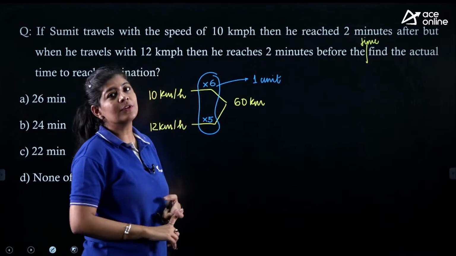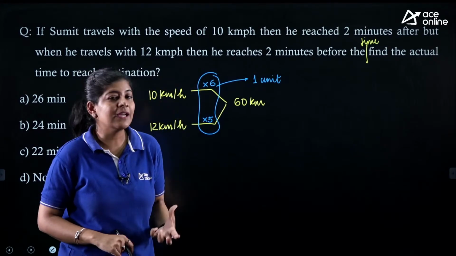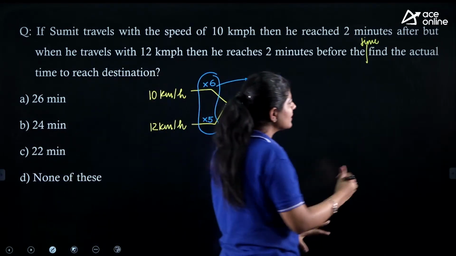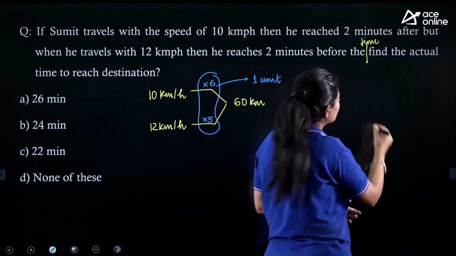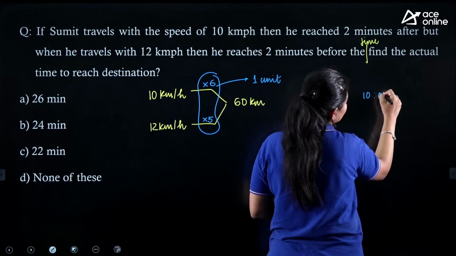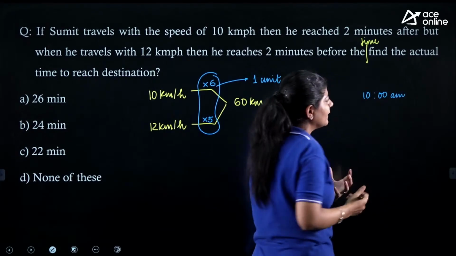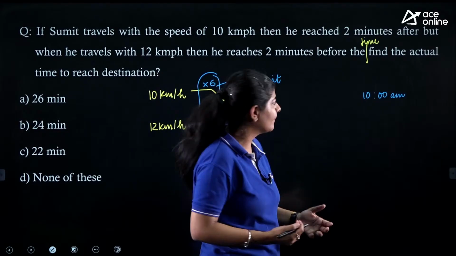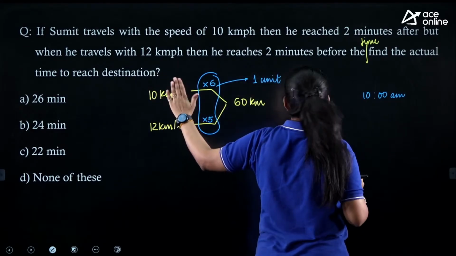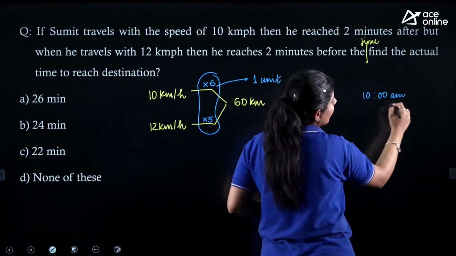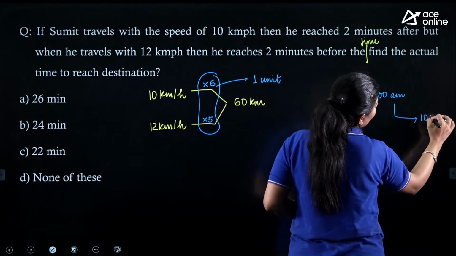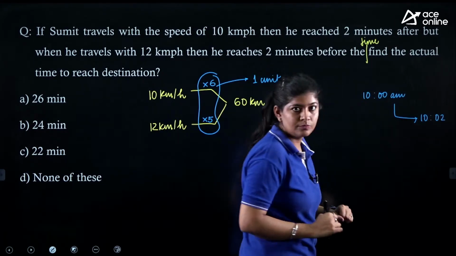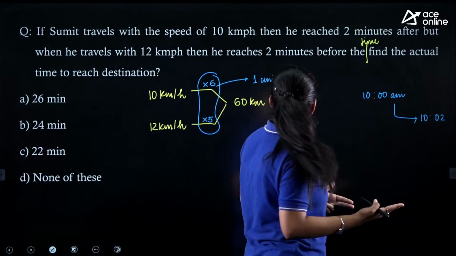But according to the question, how much difference do we get in the time period? Let's suppose the actual time to reach is 10 AM. The actual time when Sumit needs to reach is 10 AM. But if he moves at 10 kilometers per hour, he reaches at 10:02, 2 minutes after.